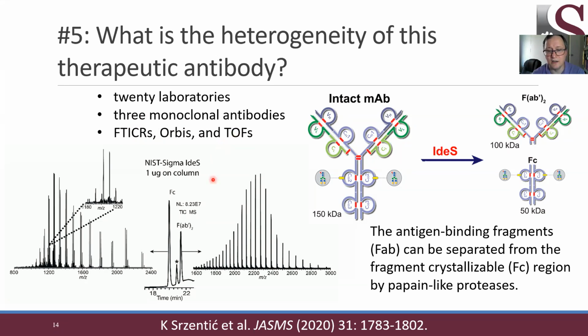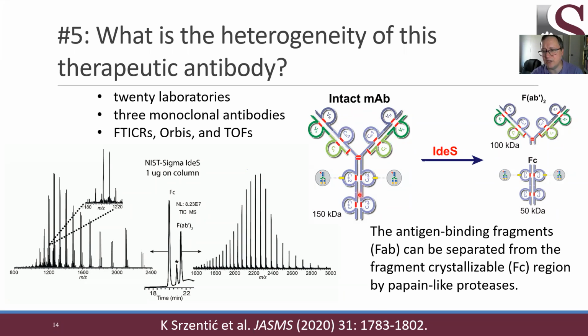So in this case, we see that something called IDES was used. This is a papain-like protease. And if you think about an antibody, we often think of them as these big Ys, but if you're not an immunologist, you may lose track of the fact that this top part, the Fab fragment up here, these are the parts that are specific to a particular antigen.